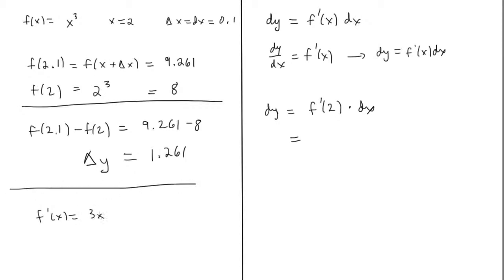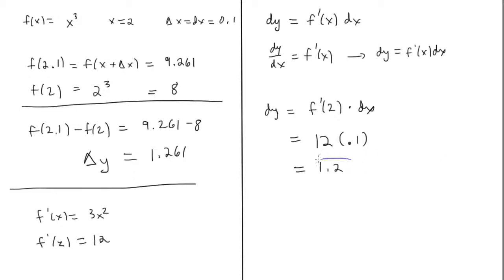We get 3x squared, and so f prime of 2 is 2 squared is 4 times 3 is 12, and so I get a 12 here. And then dx in this particular case is 0.1, so 0.1 is here. And so if I multiply these, I get 1.2.